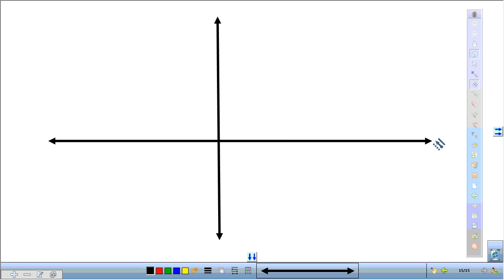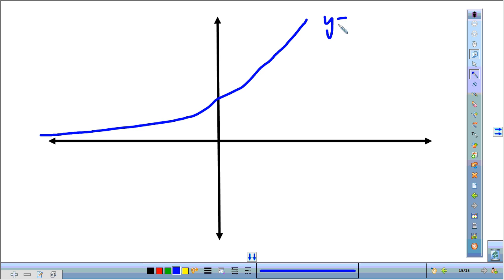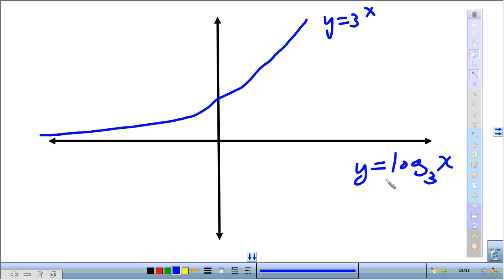Now, some more observations of the inverse relationship of exponentials and logarithms. If we took basic exponential growth, our basic exponential y equals 3 to the x, we could do a similar thing with decay. But if we look at the logarithm, log base 3 of x, it would be the inverse.